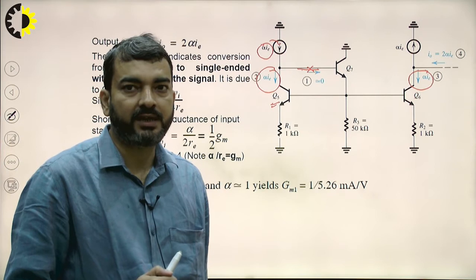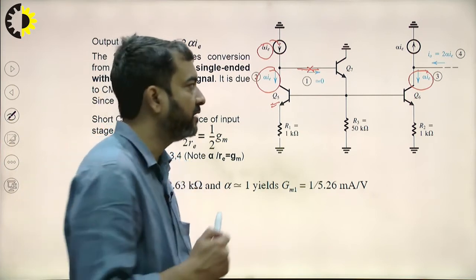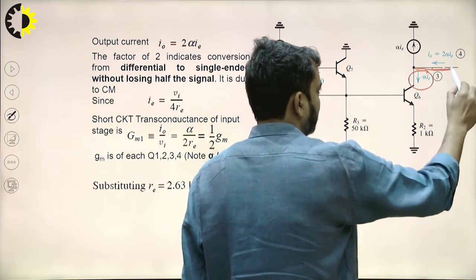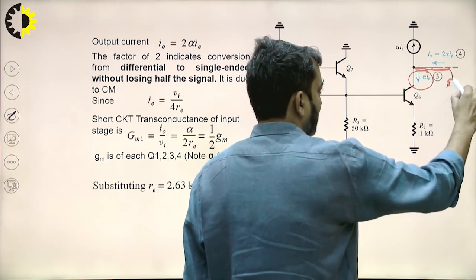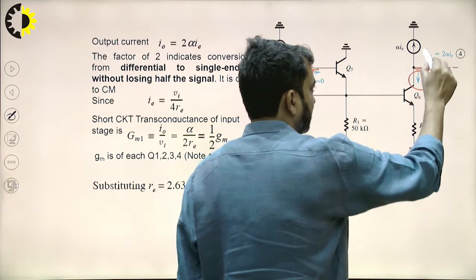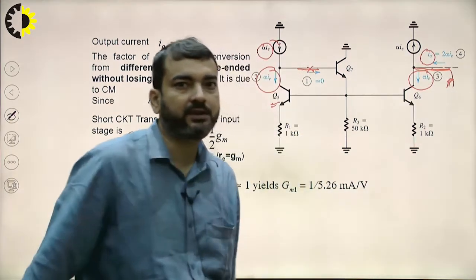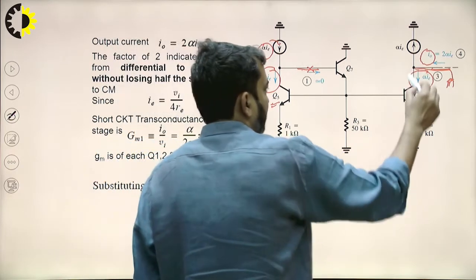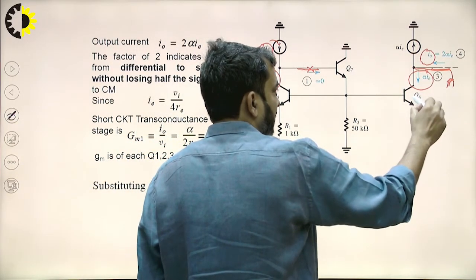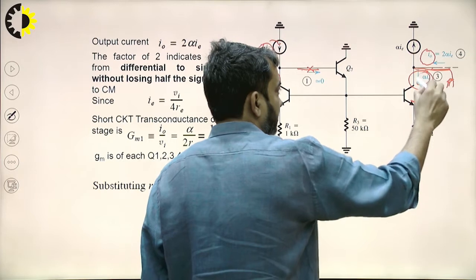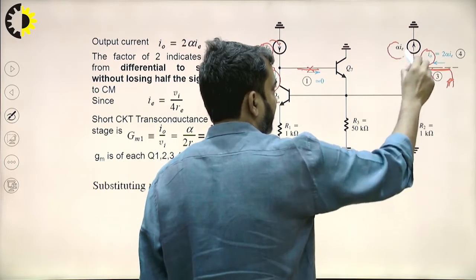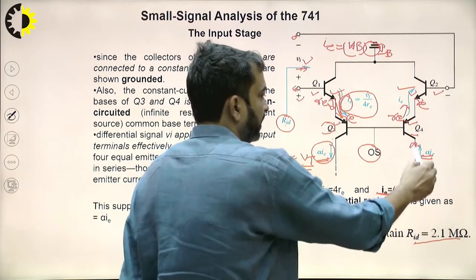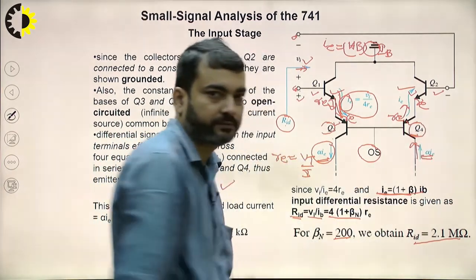For calculating the short circuit transconductance of the input stage, we will ground the output terminal of the first stage. And then we will calculate what is the total current I naught. So here, the current in the collector of this transistor is alpha IE, while the current at this point is alpha IE, which is flowing in the collector of transistor Q4.